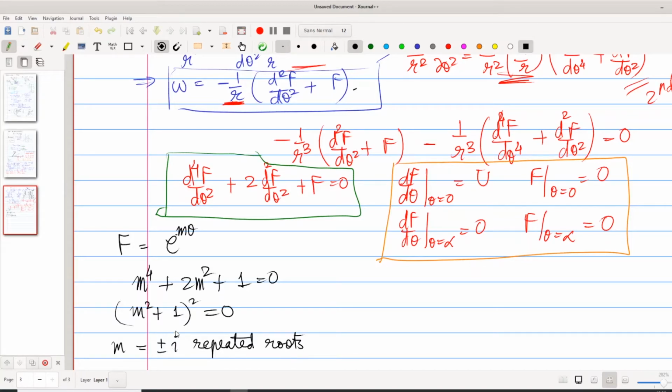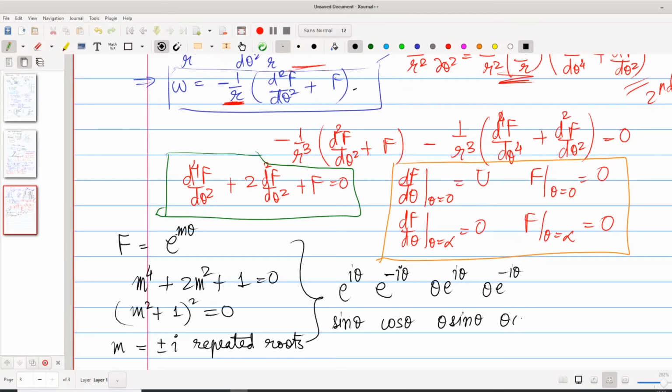So the 4 roots of this are e raised to i theta, e raised to minus i theta, and theta e raised to i theta, theta e raised to minus i theta. Alternately, we could have written this in terms of sine and cos. So the 4 solutions are sine theta, cos theta, theta sine theta, and theta cos theta.